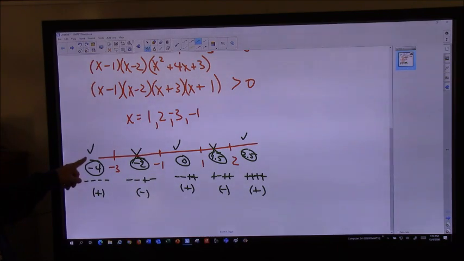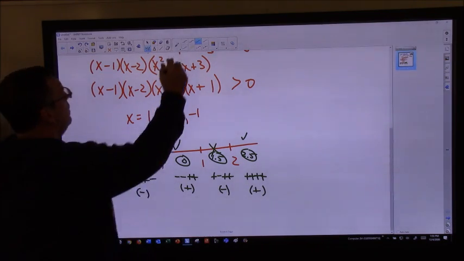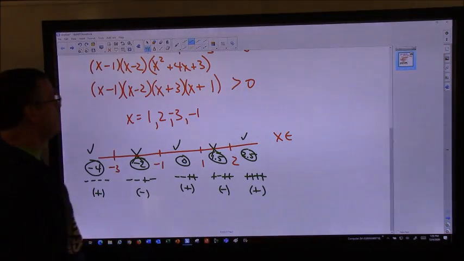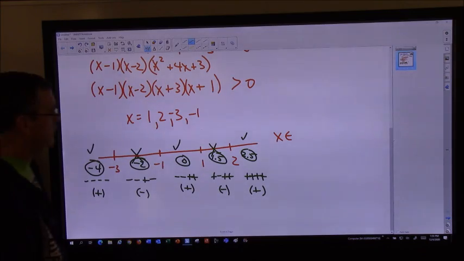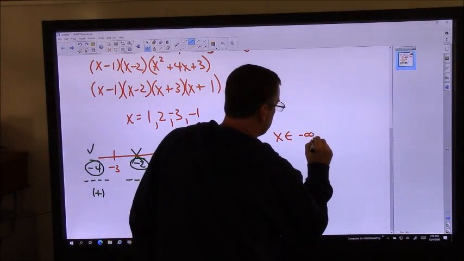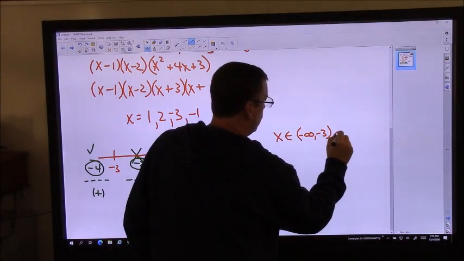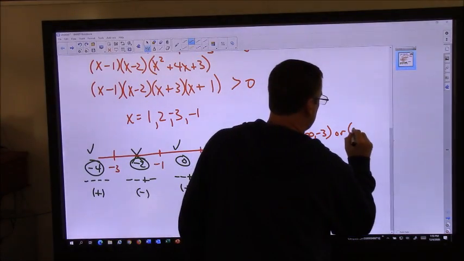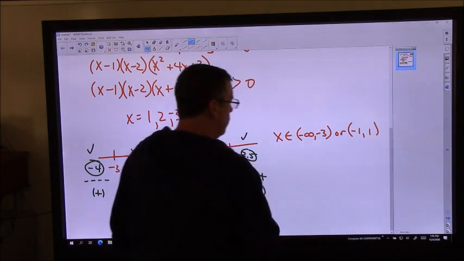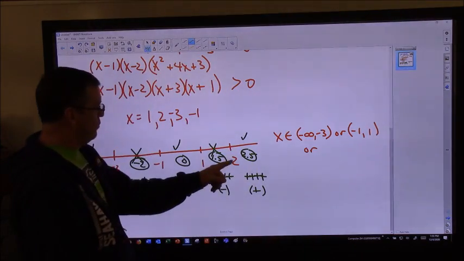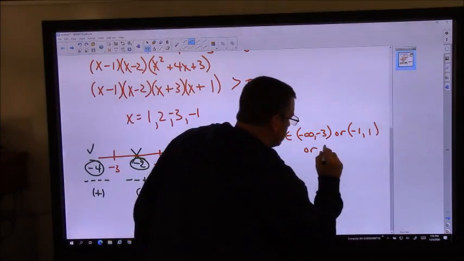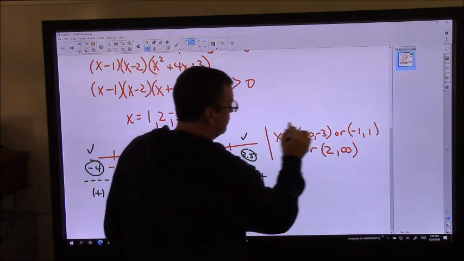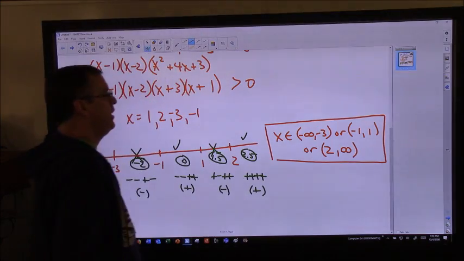All right, now I see what the intervals are. So x is an element of either the interval that goes from negative infinity to negative 3, or the interval that goes from negative 1 to 1, or the interval that goes from 2 to infinity. There's my answer.